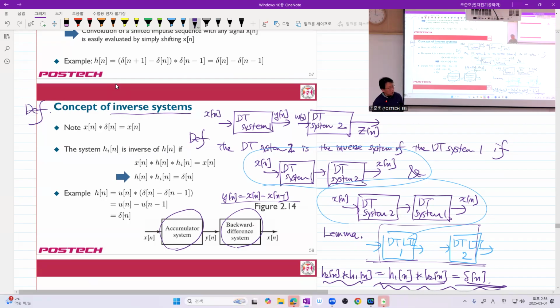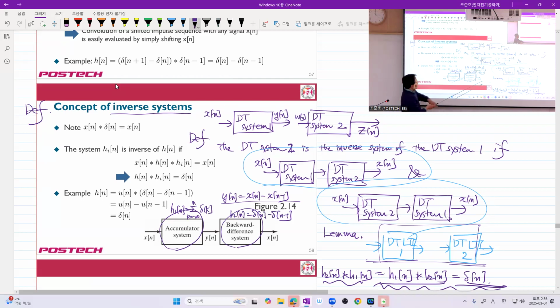But the simplest way is to use the impulse responses, because h1 of n equals the summation over k from negative infinity to n of delta of k. And h2 is simply delta of n minus delta of n minus 1.